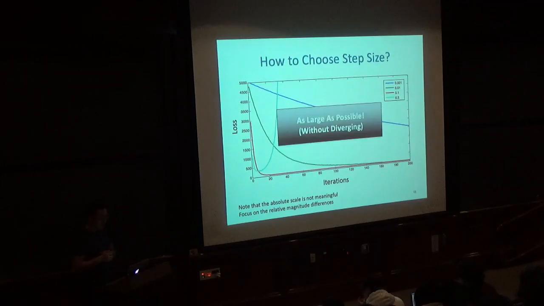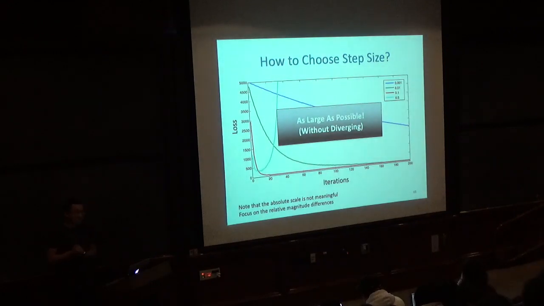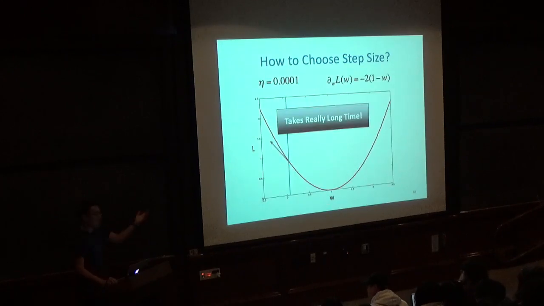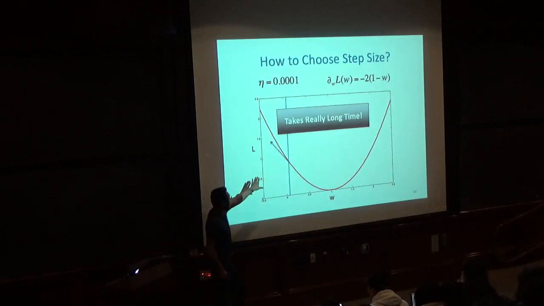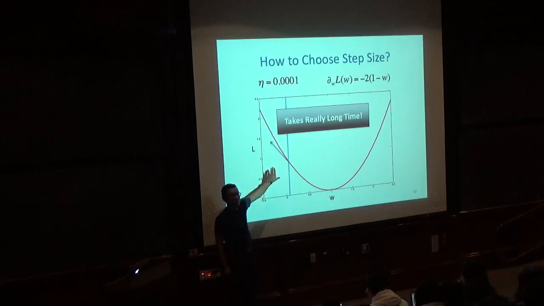Okay, so the punchline is we should set the step size as large as possible without diverging. Because the step size determines how aggressively you make an update. But if you make an update that's too aggressive, if you're very comfortable with calculus, you know that what we're doing here is essentially making a locally linear approximation to the loss function.